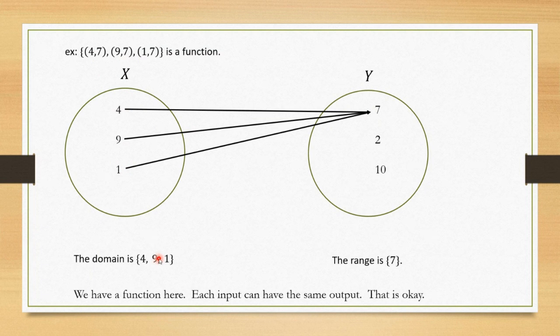And notice the range is only part of y, right? Y has 7, 2, and 10 in it, but the range is only this element, 7. Well, I should say only this set. So we do have a function here. And also, again, this is showing how the range can be a part of the set y, not the entire set.